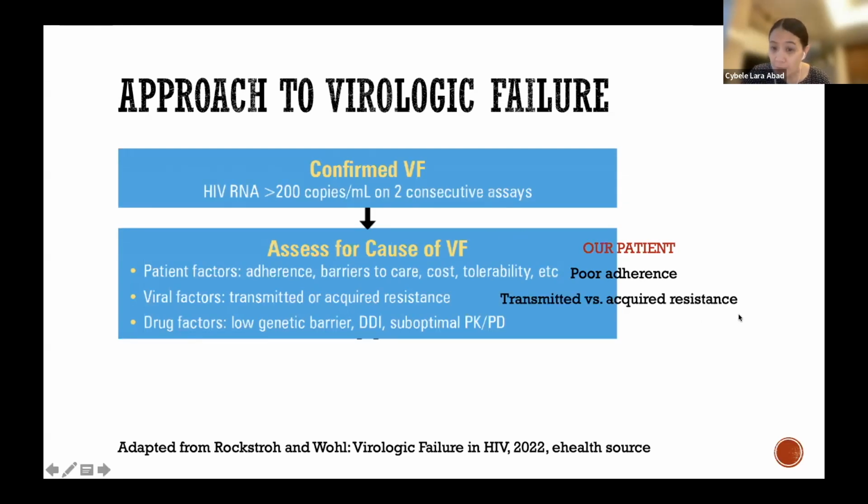We'll talk about whether this is acquired or transmitted resistance, but we are unable to know because we don't have a baseline virologic genotype. And if you look at drug factors, his regimen actually has intrinsically a low genetic barrier to resistance, especially efavirenz, which is known to have a low genetic barrier, meaning if you miss doses here and there, it's easy to get drug mutations against efavirenz.